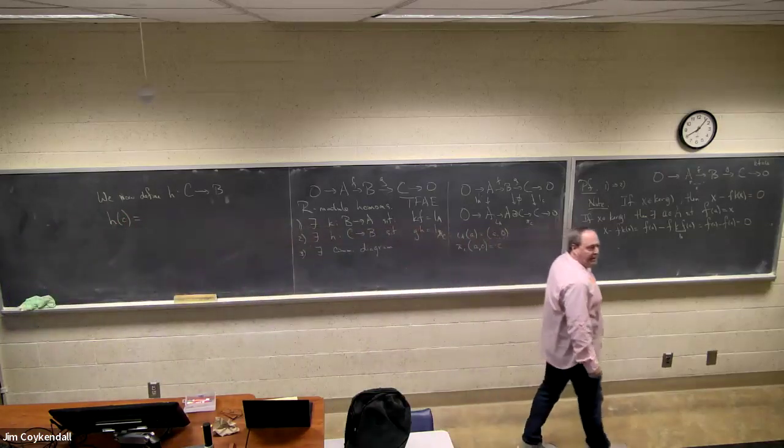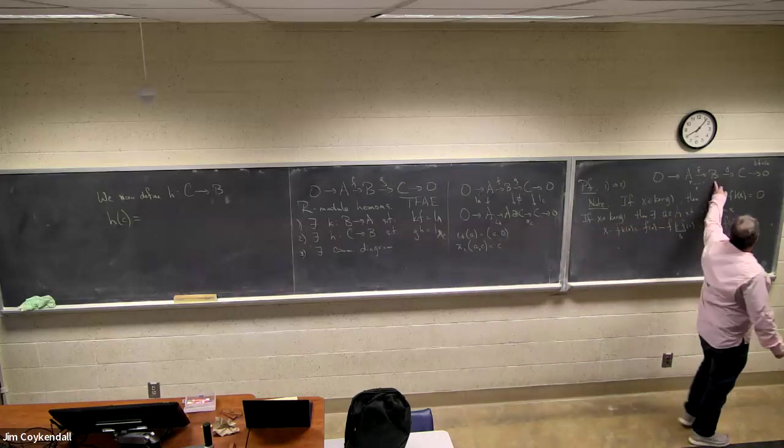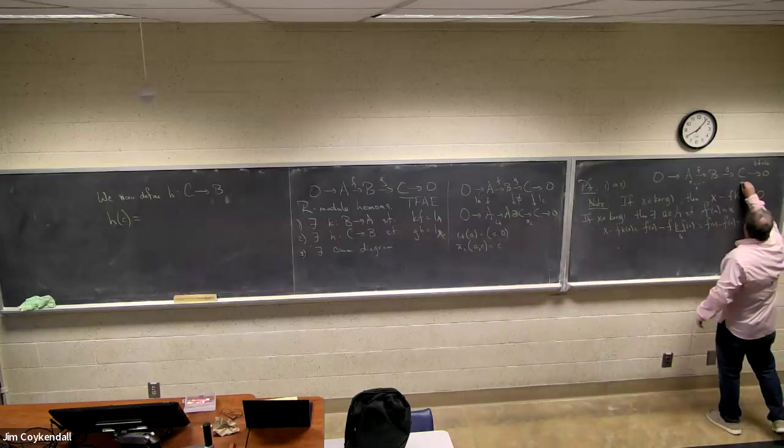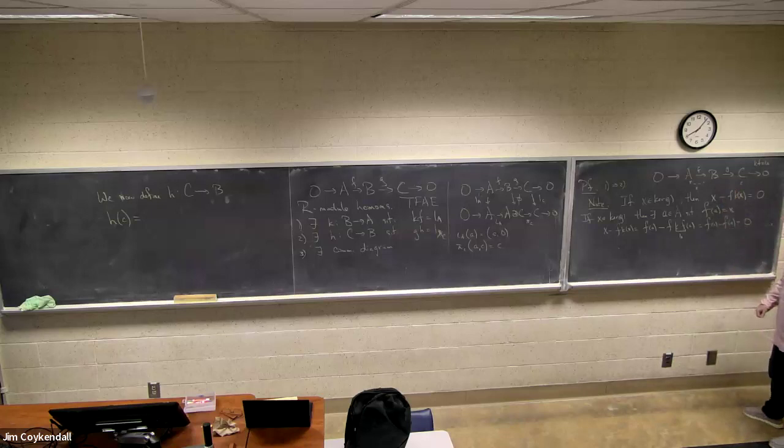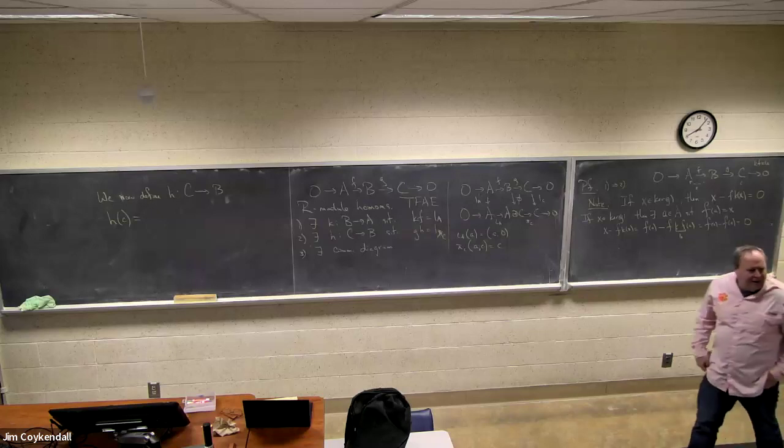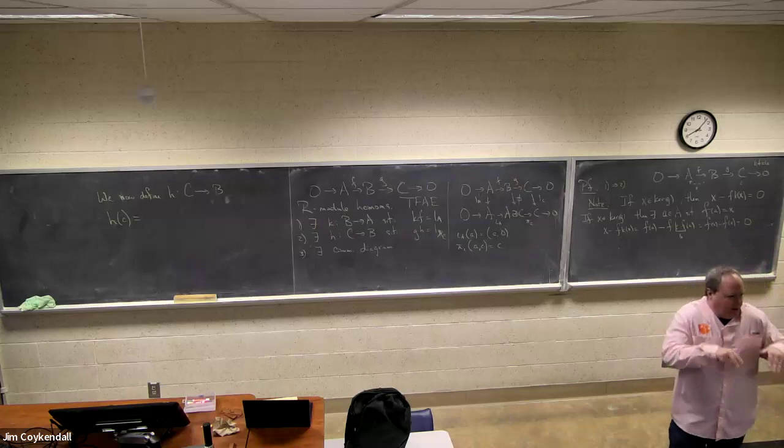But maybe I don't have an inclusion. So I'm starting here and trying to get back here. How do I sort of get unstuck, because everything's mapping to it?